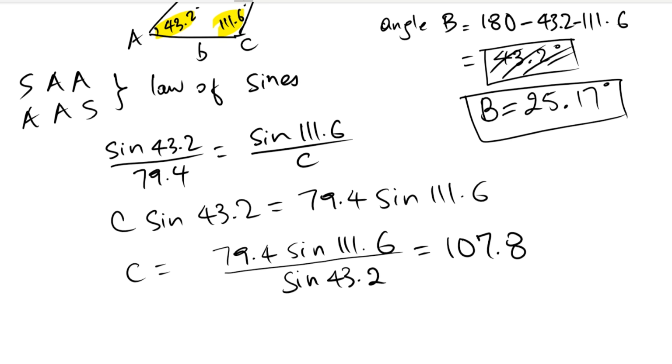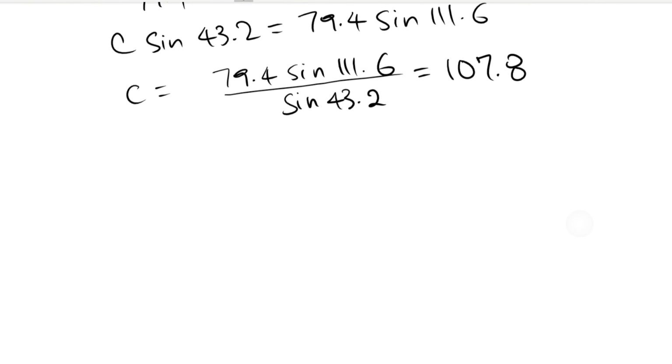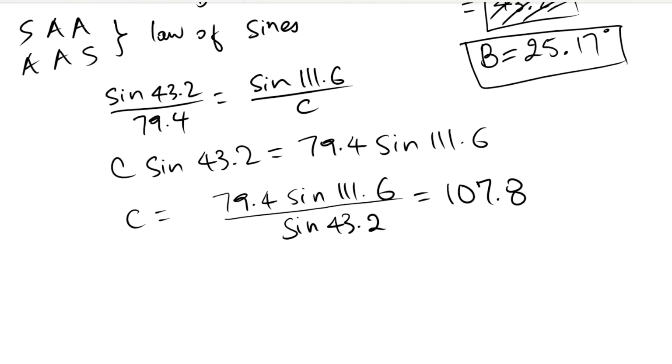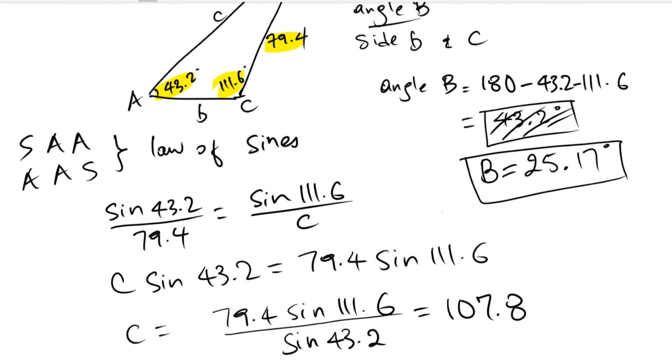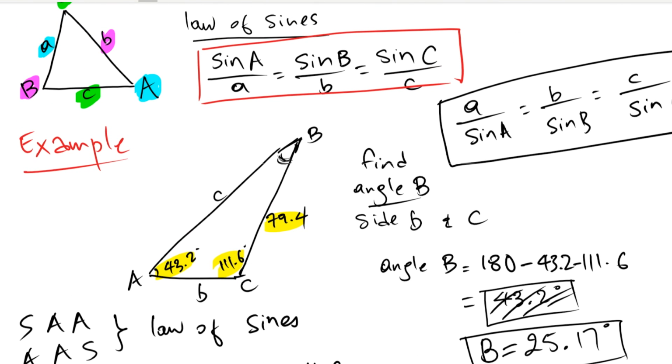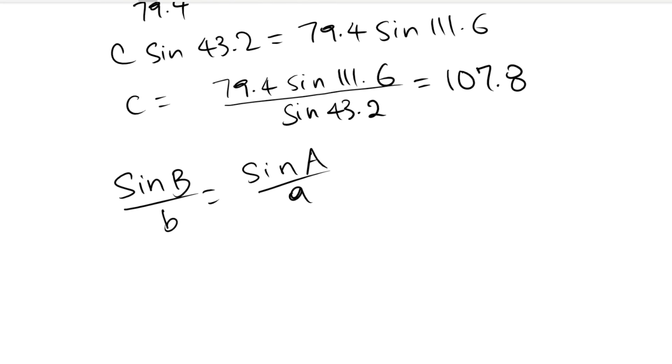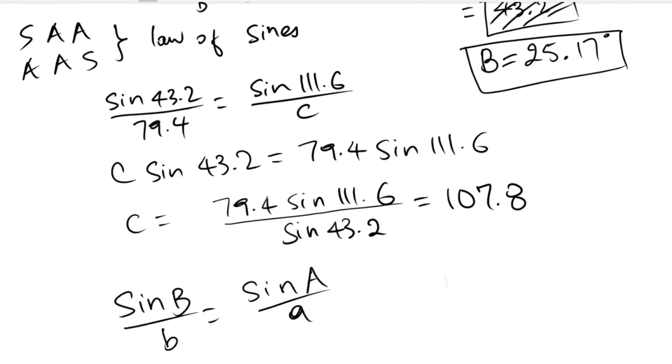Now, let's go ahead and calculate B. I'm going to go back here. So sine B over B is equal to sine A over A. I'm looking for B here. I know the angle B is 25.17.